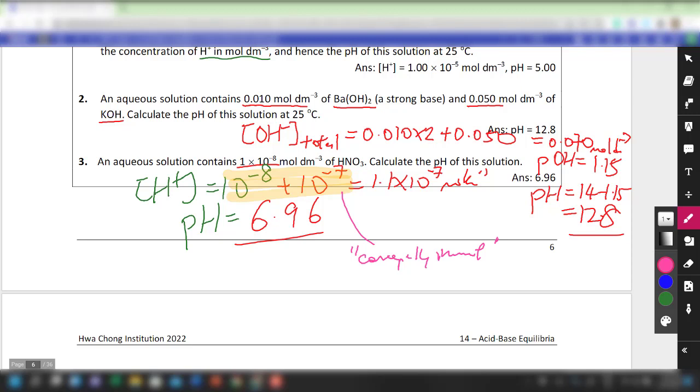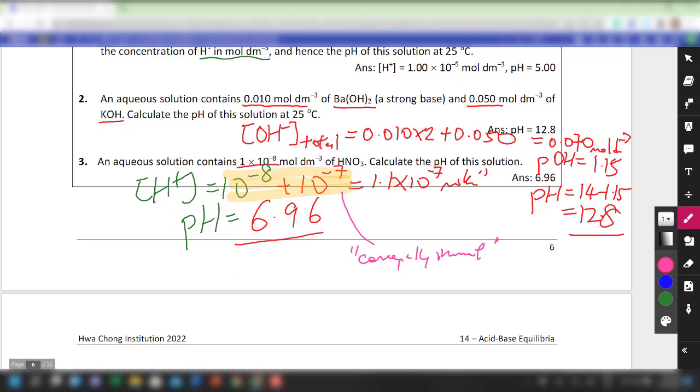We have H plus in the system, so it will affect the auto ionization of water. It will actually suppress the auto ionization of water by a little bit, so you are expecting less contribution from H2O ionization. The actual value, if you incorporate that in your calculation, should be about 6.98.